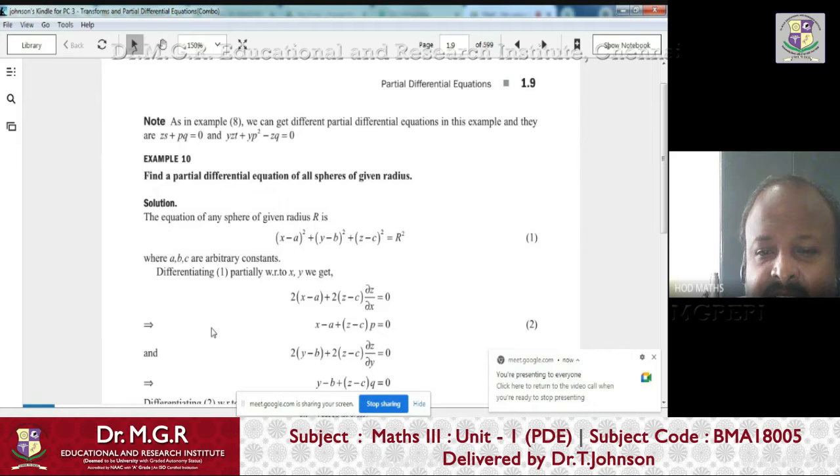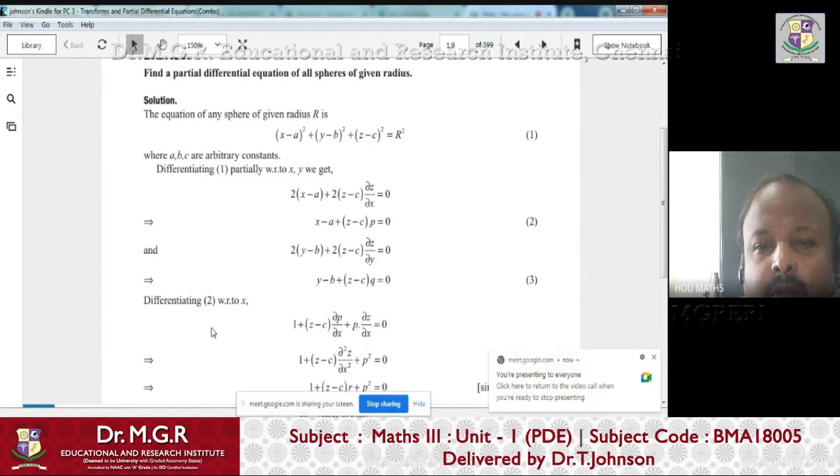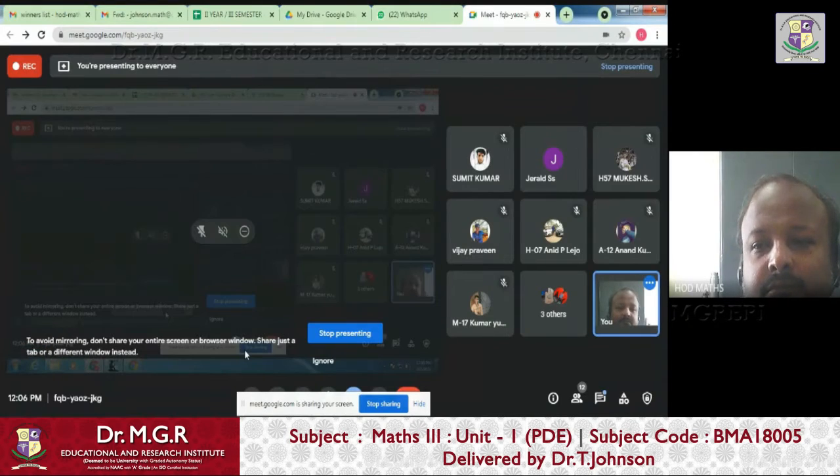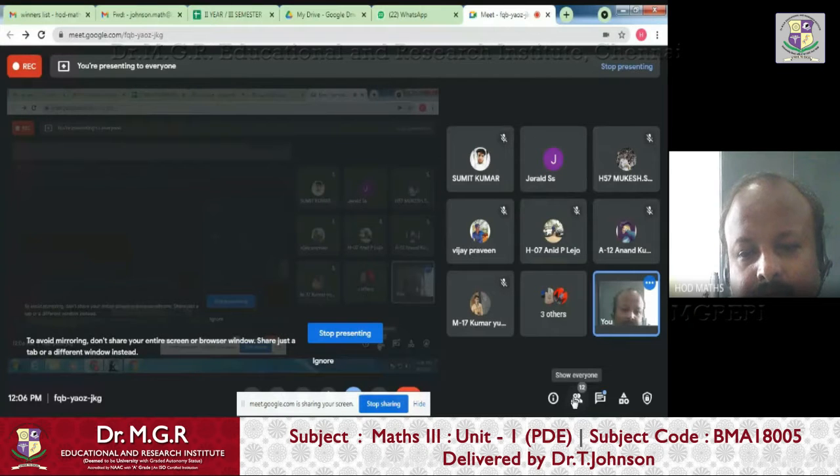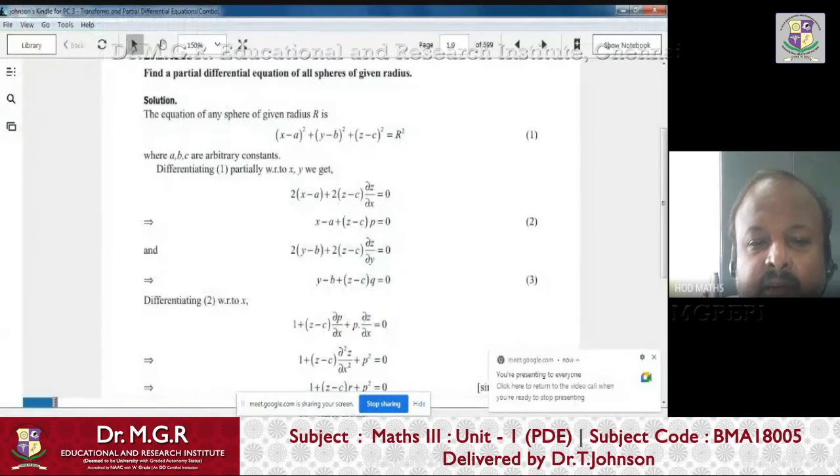How many fixed constants? Anybody? What is R? Tell me.